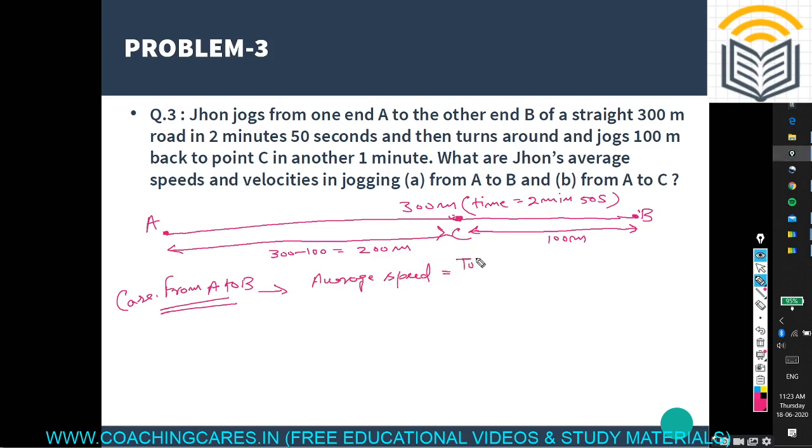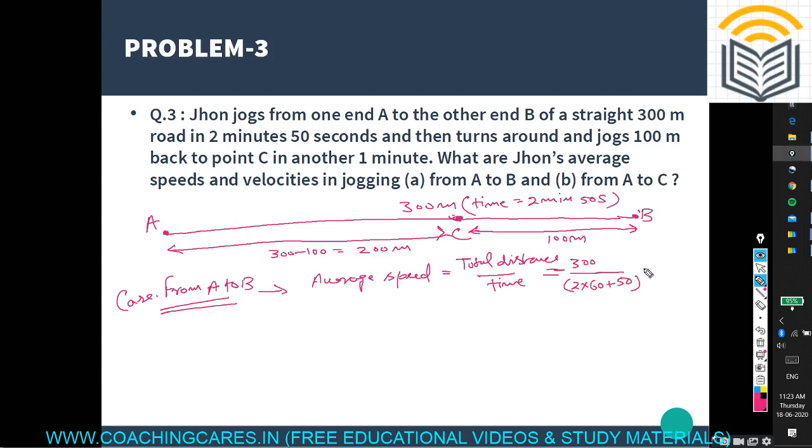In this we'll calculate average speed, which is total distance divided by time taken. The total distance from A to B is 300, given in the question, and time taken is 2 minutes 50 seconds. I will convert it into seconds: 2 into 60, converting the 2 minutes into seconds, and adding 50 seconds.